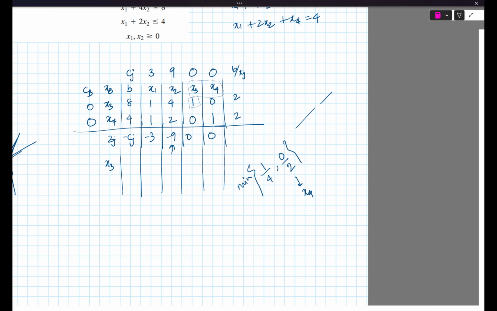So the order will matter: if we change the order, the departing variable will differ. If you cycle again to this one, you may come in a different way, so that x4 may come first. So if it comes later, we have to maintain the order we took earlier.